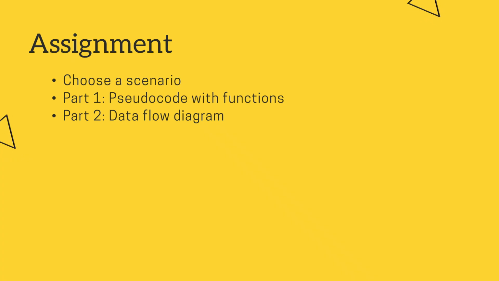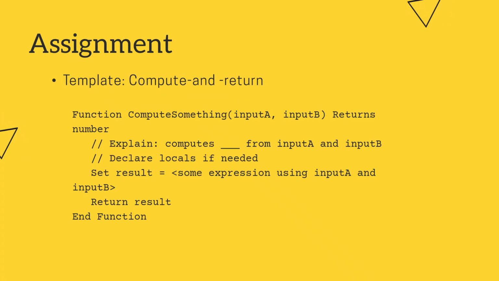I've given you some examples, but I wanted to give you a reusable template that you can adapt to any scenario. For instance, this one is compute and return. What we'd have is the keyword function. Again, this is pseudocode. You're going to have the name of the function, and you're going to indicate what parameters.